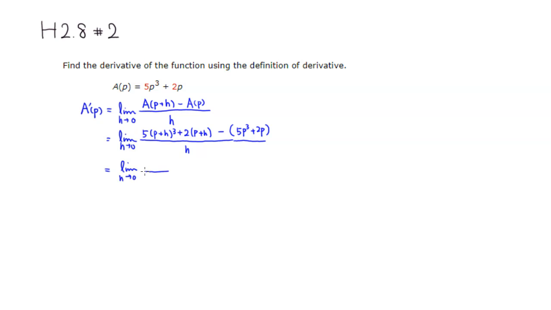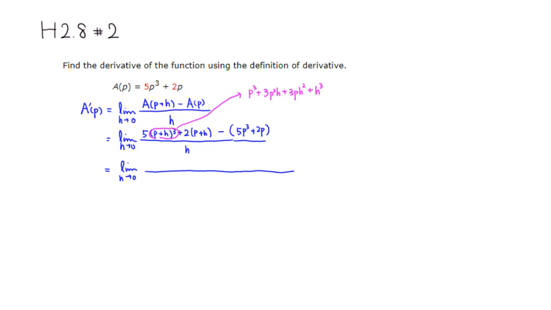If you multiply this out, let's do it over here so that we have more room. (p plus h) cubed would be p cubed plus 3p squared h plus 3p h squared plus h cubed.